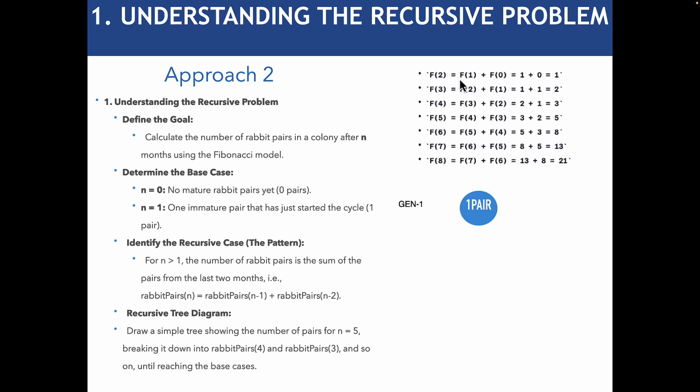So this is the base case, it must contain 2 numbers. And the recursive case is for n greater than 1, starting from 2. We will have the number of rabbits n equal to rabbit n minus 1 plus rabbit n minus 2.